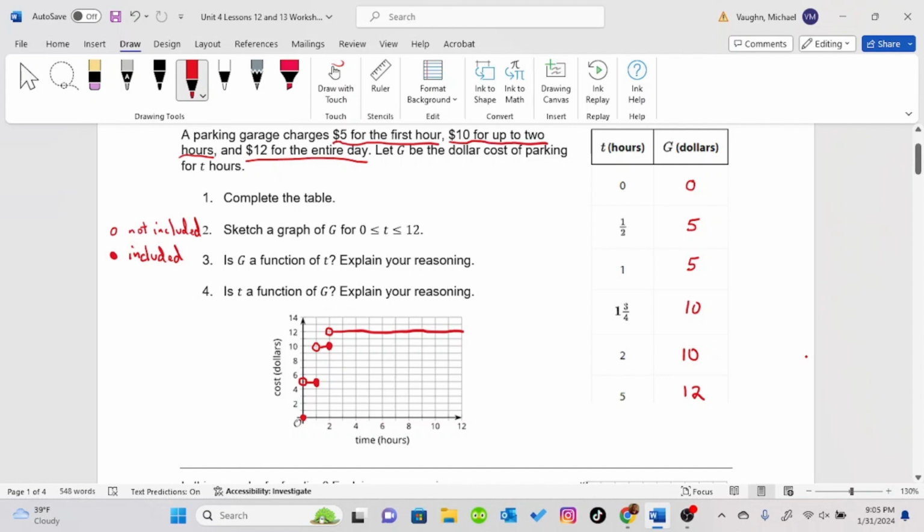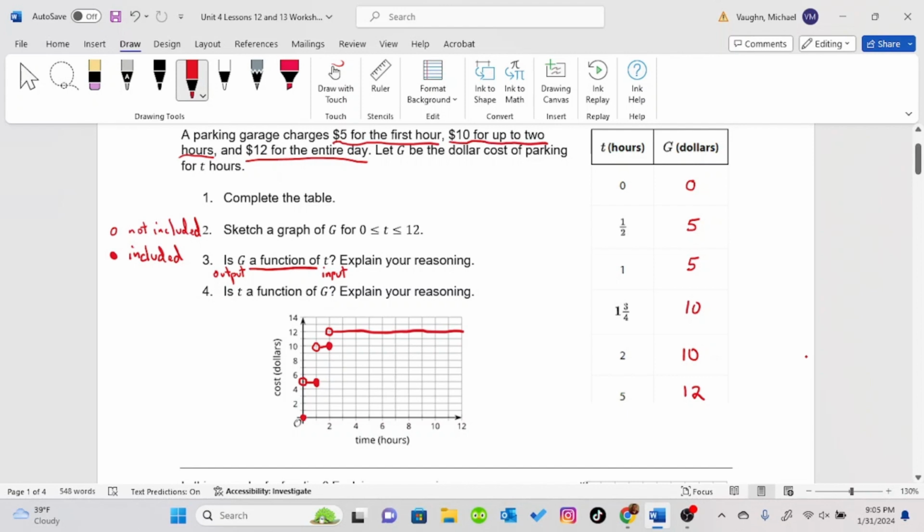Number 3. Is G a function of T? So remember, a function of means our input is after and the output is before. And a function means every input has only one output.